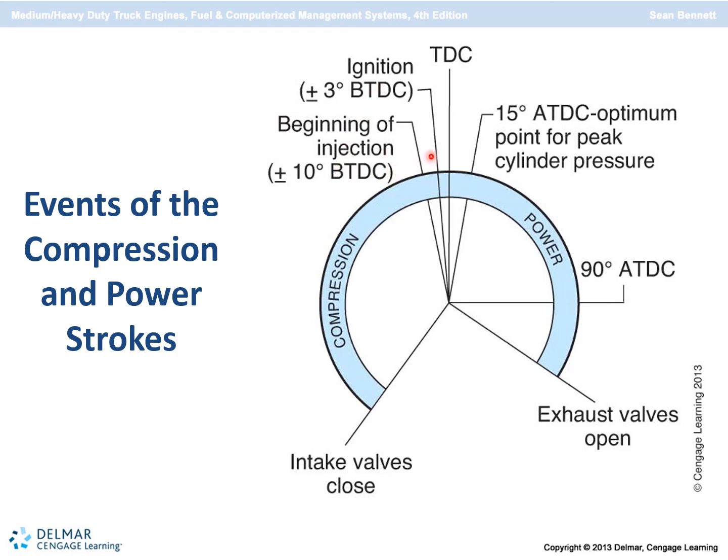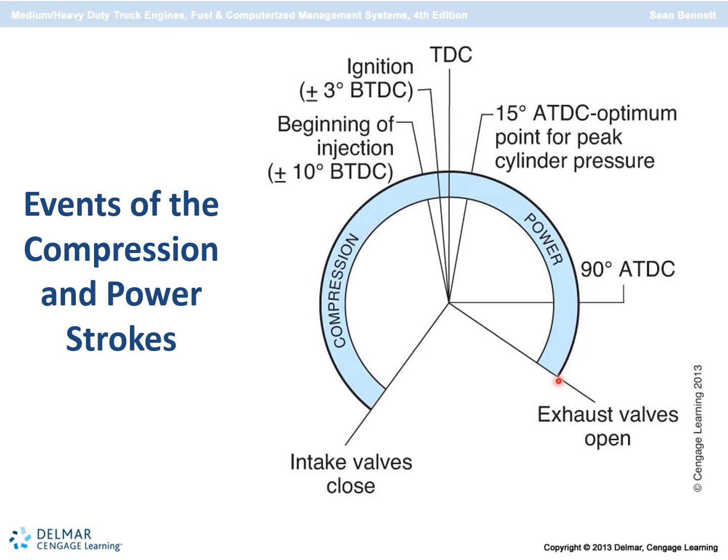A little bit later we have ignition, and from 3 degrees to 15 degrees after top dead center, we have peak cylinder pressure of 3,000 pounds per square inch. That throws the crankshaft down. Maximum throw power is attained approximately 90 degrees after top dead center.